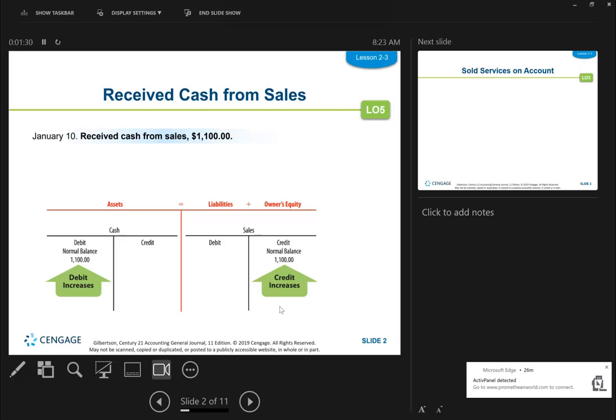The asset cash increases, that's going to go on the debit side. And sales is a liability or equity account, so that goes on the right side as it increases. Like we sold some good or service and collected money from it. They paid us in cash.